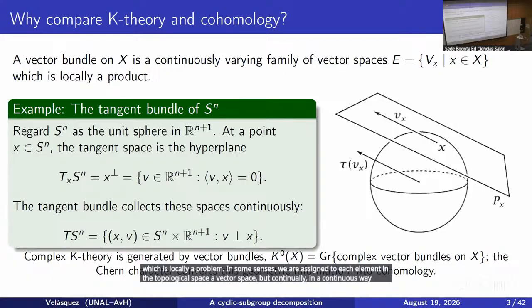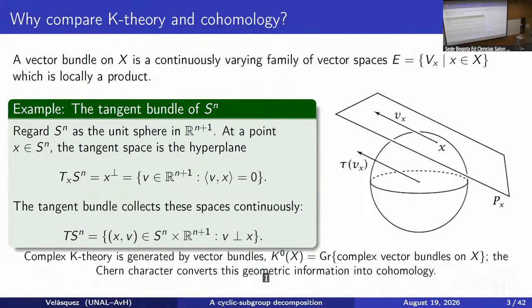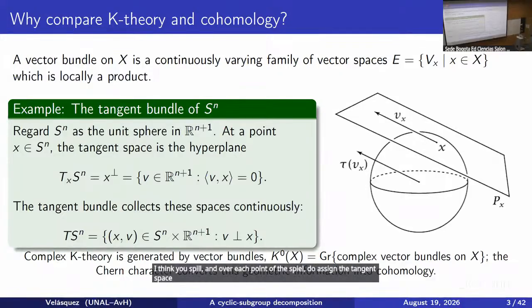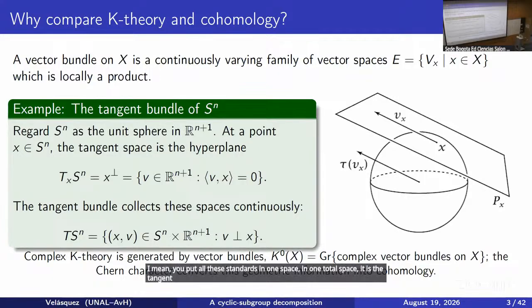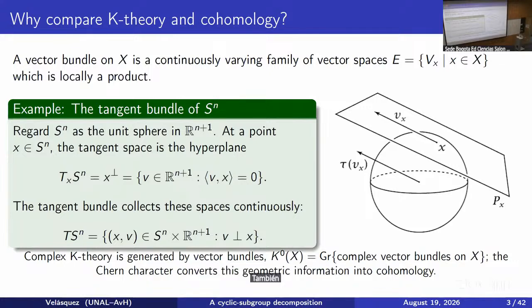An example of this is the tangent bundle. You take the sphere, and over each point of the sphere, you assign the tangent space. If you put all these tangent spaces in one total space, it is the tangent bundle. The tangent bundle is the space that contains for each point the tangent space of this bundle.